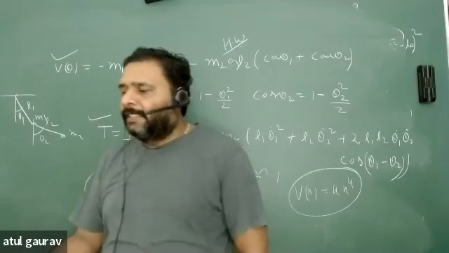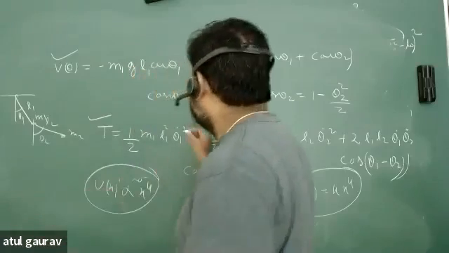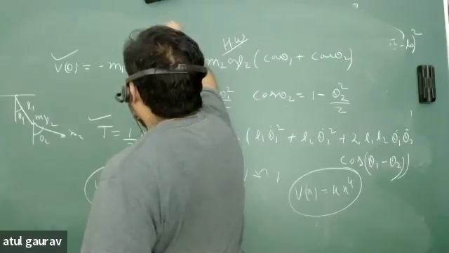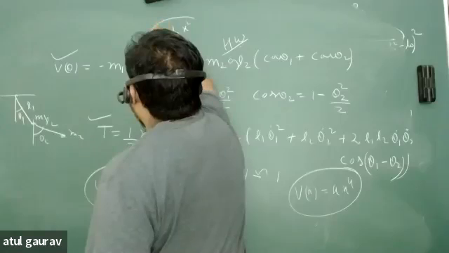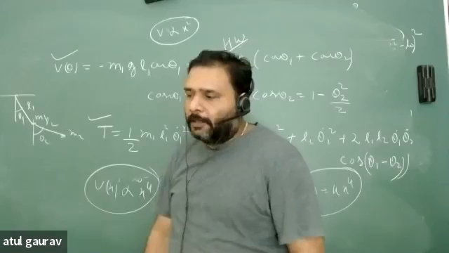You listen. If your potential is proportional to x square, then the frequency will be constant because it is just like a harmonic oscillator.